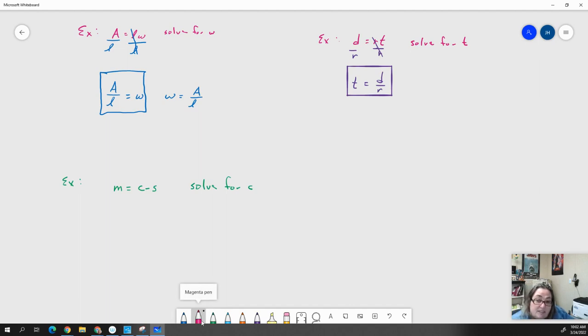So the only thing that's being done to this c, the only thing that's attached to it, is that we're subtracting s from it. So I'm going to go ahead and add s to both sides, and I get m plus s equals c. That is our final answer. We have that solved for c. C is the only thing left on that side of the equal sign.